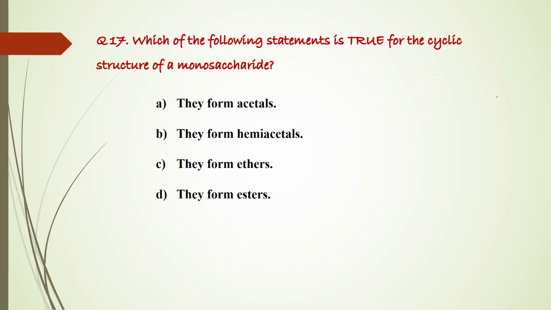So what do they form after cyclization? Whether they form acetals or hemiacetals, whether they form ethers or esters. After cyclization, what kind of structure do you get? Select your option and then I will tell.